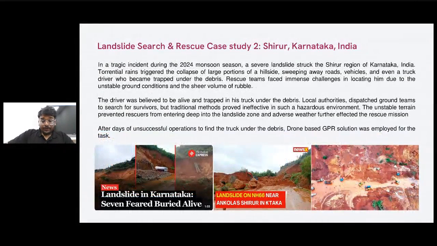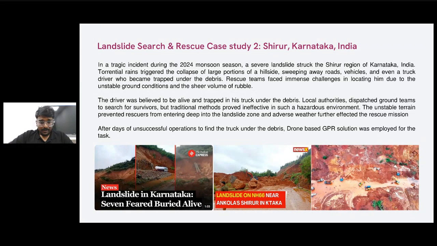The next case is of a landslide which took place exactly 2 weeks before the Wayanad incident, again in India, in a state called Karnataka. The magnitude of the landslide that hit this place was much lesser than that of Wayanad, but it swept away vehicles and roads from a hill into a nearby river.